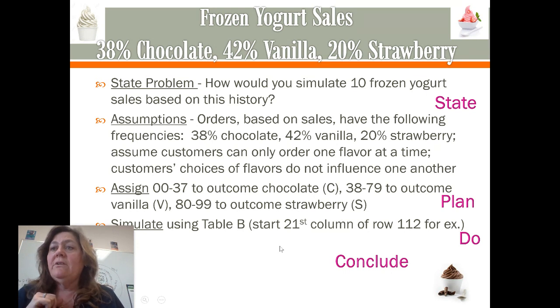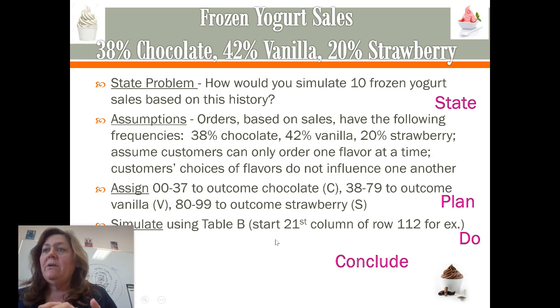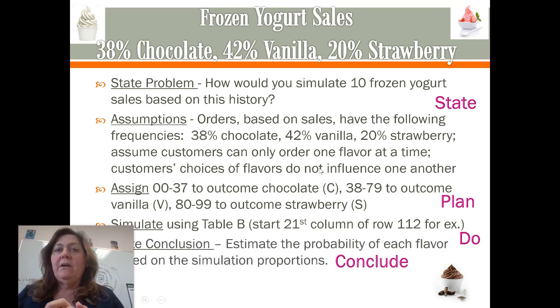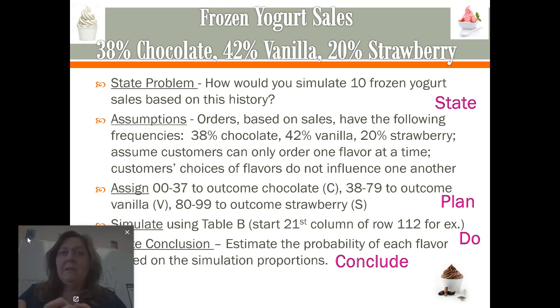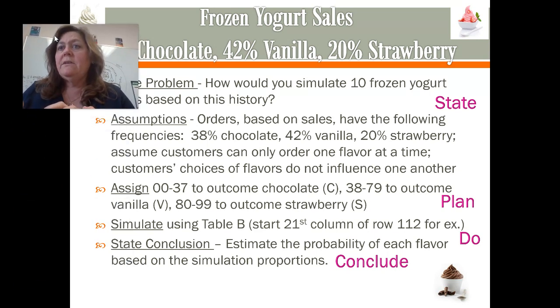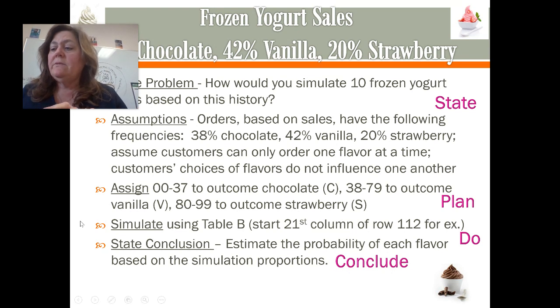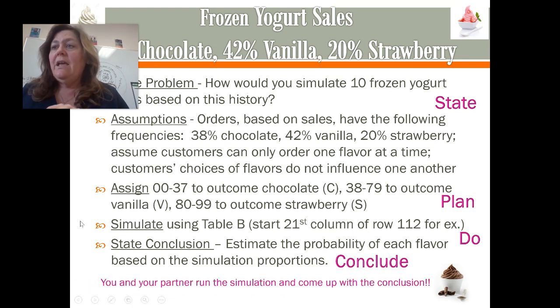Start at row 112, go over to the 21st column, 5, 10, 15, 20, and then the 21st number. Execute this and come up with a conclusion of the probability of each flavor. If you want to stop this right now and do this simulation with a partner, you can come up with your conclusion.